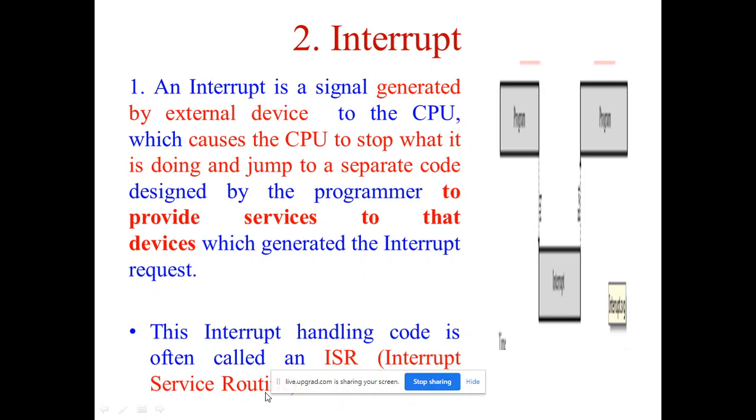The interrupt service routine provides service to that particular device or interrupt, whether it comes from a timer, an external peripheral, or serial communication. Whatever interrupt arises, the main program gets stopped and the controller will jump to the interrupt service routine. After completion of the interrupt service routine, it will go back to the main program.